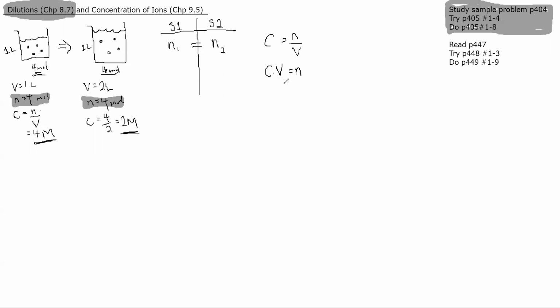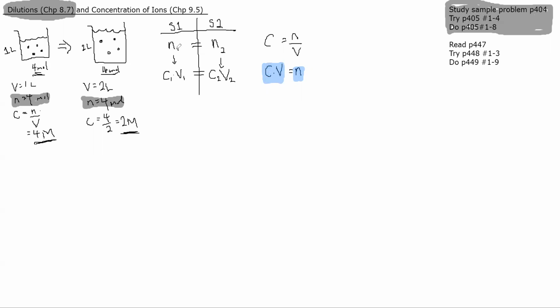C times V. So instead of writing N1, I could actually rewrite this as the concentration of the first solution multiplied by the volume of the first solution is the same as the concentration of the second solution multiplied by the volume of the second solution. I can say this because I know that the number of moles is equal to CV.